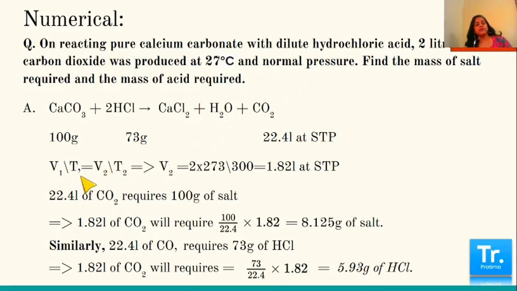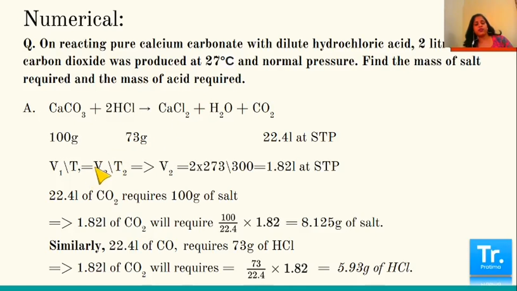It is V1 by T1 equals V2 by T2, because pressure is normal, by Charles law. Here V1 is equal to 2 liter, T1 is equal to 27 plus 273, 300 Kelvin.